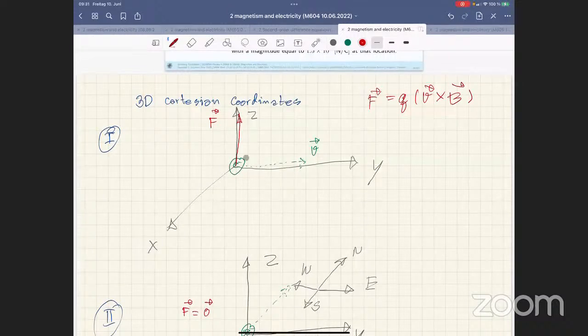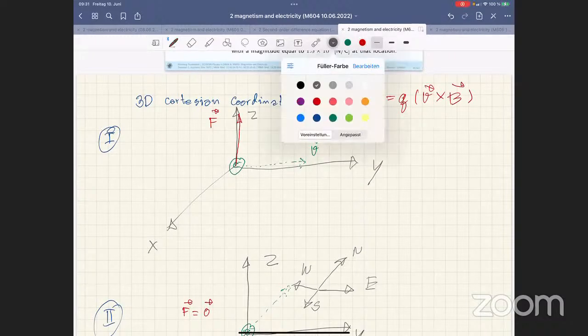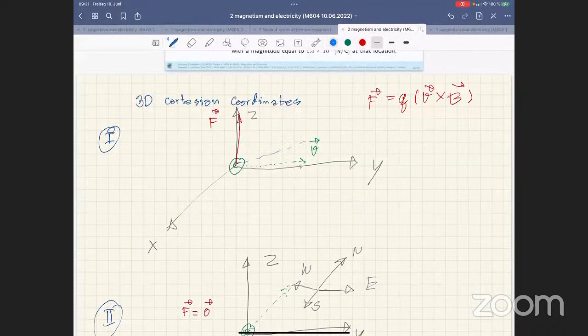Of course, B should lie on the XY plane, right? B can be like this, on the XY plane. But which direction is the exact one? If we don't have any more knowledge, we would say the magnetic flux density vector B should point in any direction on the XY plane.